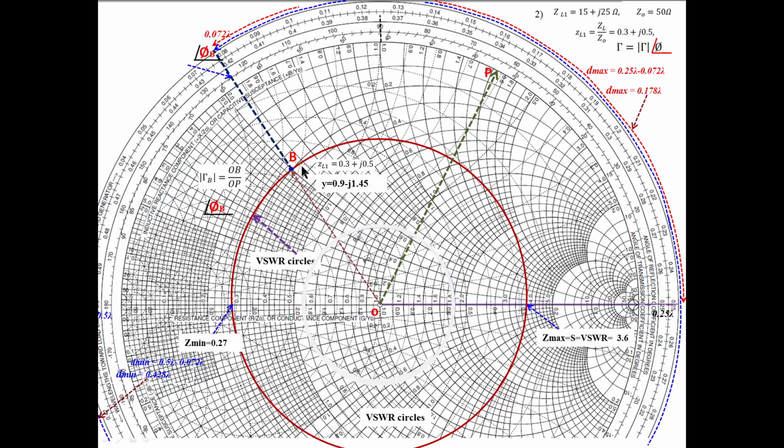For this particular example, what is the distance of the maxima, and what is the maximum value of impedance? Start from here, move like this, stop here, and read the impedance here, that is Z maximum. And what is the distance of that? You draw a line passing through the load point to cut the wavelength scale here.